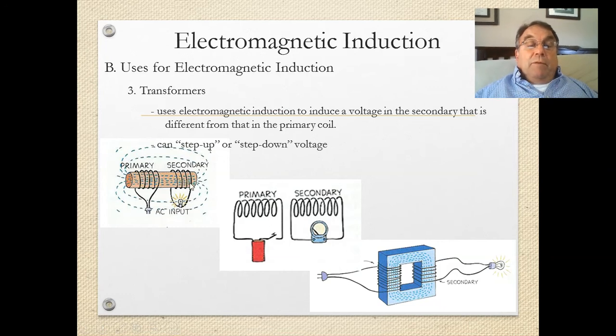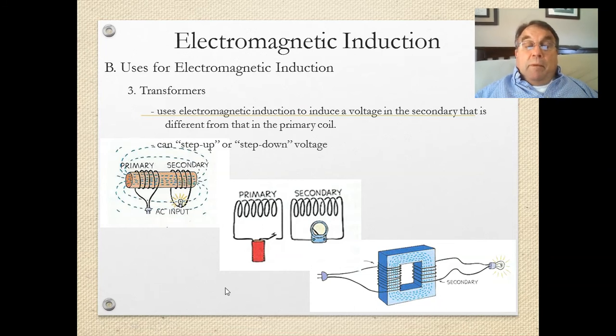And depending on the number of coils, because of Faraday's law, you can either step up or step down the amount of voltage, and consequently the current flow.